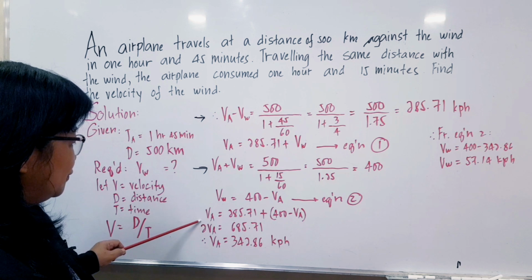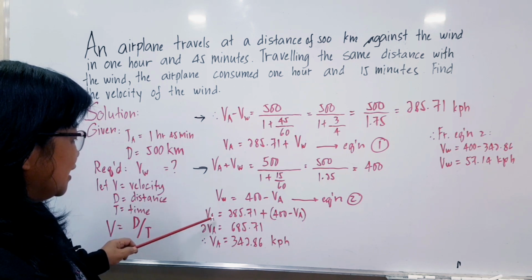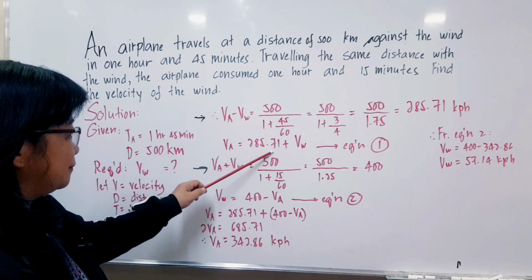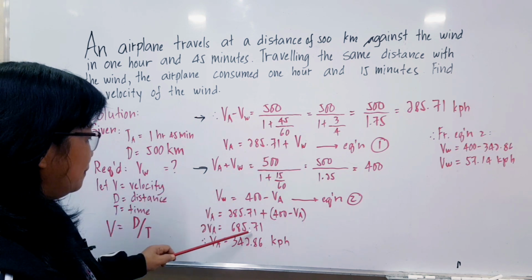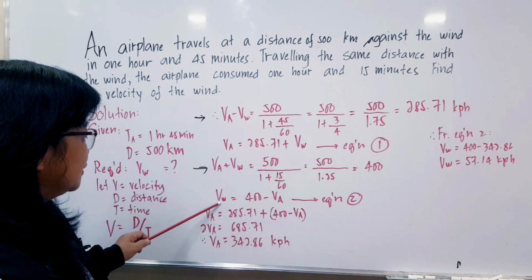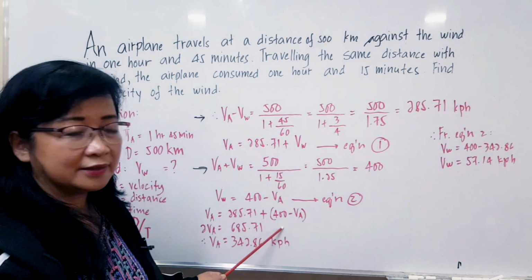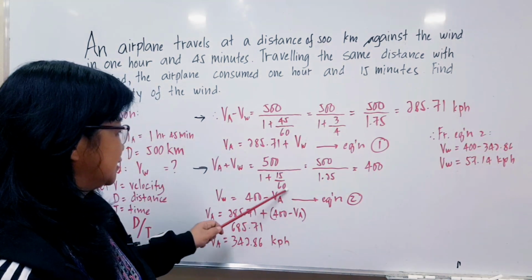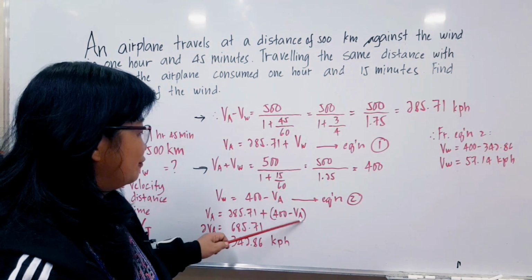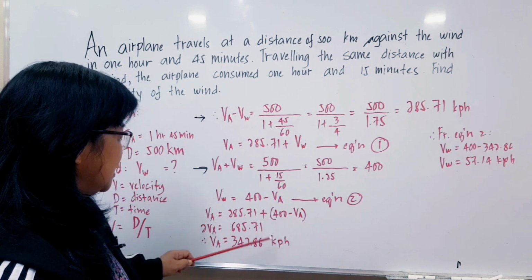Okay? So, therefore, VA is equal to 285.71 plus velocity of the wind, which is equal to 400 minus VA. This is the one from the equation 2. 400 minus VA.